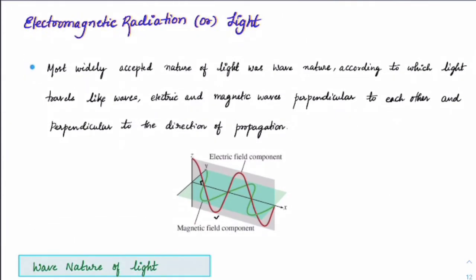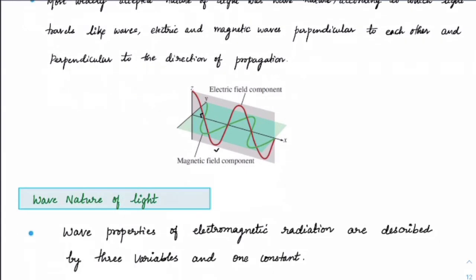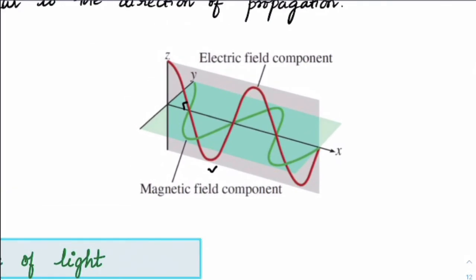When it comes to electromagnetic radiation, such as light, it propagates in such a way that it has two components: an electrical component and a magnetic component, both perpendicular to each other, or in short we can write this as E cross B. When you do a cross product, the direction will be perpendicular to these two.